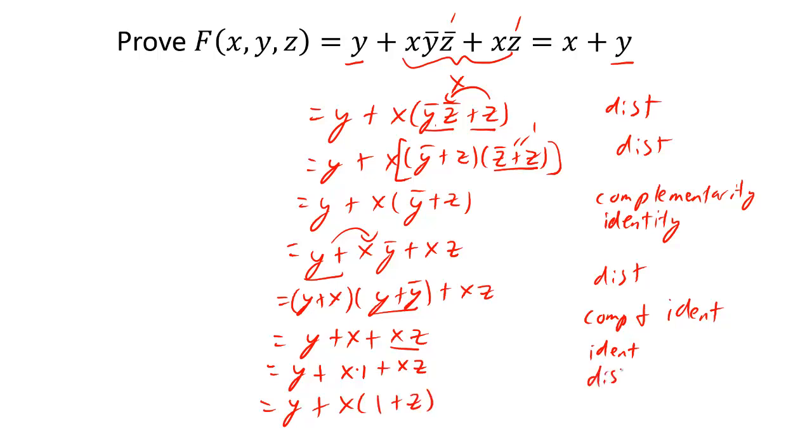That's distribution. And then the 1 is going to cause this guy to be equal to 1. So that's with the null property, and then x and 1 and identity will allow this to become y or x.